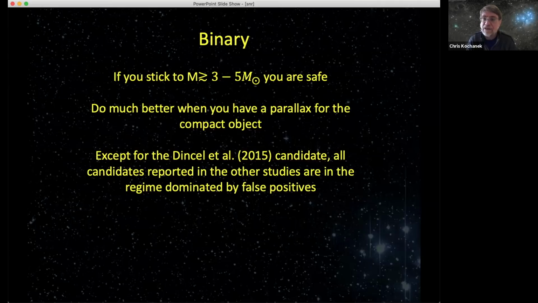So they were operating at luminosities and masses which are low enough that you are guaranteed to have false positives. The one which survives any false candidate test you care to impose is the one found by Dinsel. So that one looks like it's real.